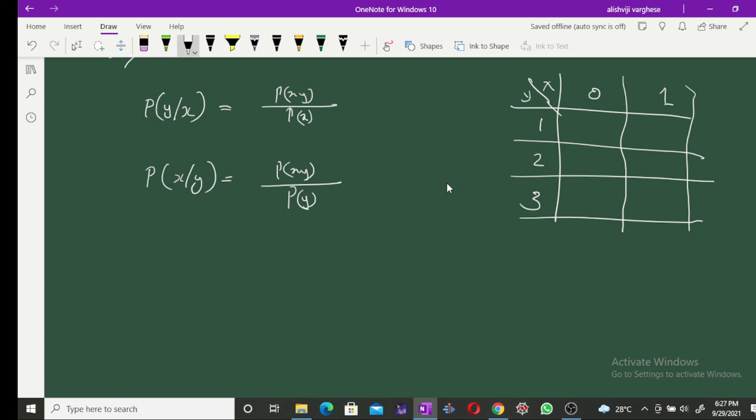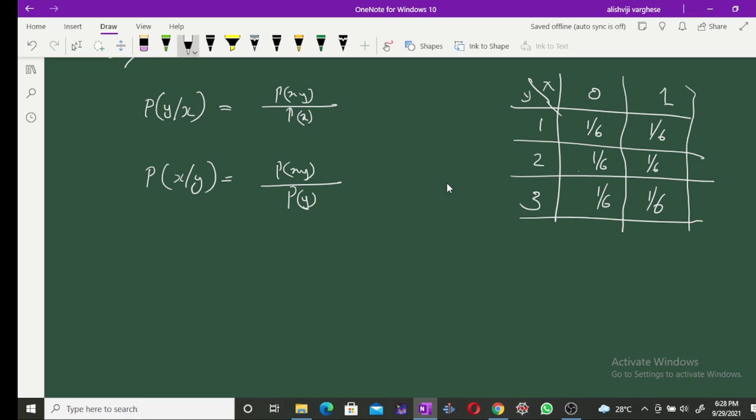The probability is distributed like this: 1 by 6, 1 by 6, 1 by 6, 1 by 6, 1 by 6, 1 by 6, equally distributed among our 6 cells. So it is something similar to the uniform distribution, which you may be familiar with.